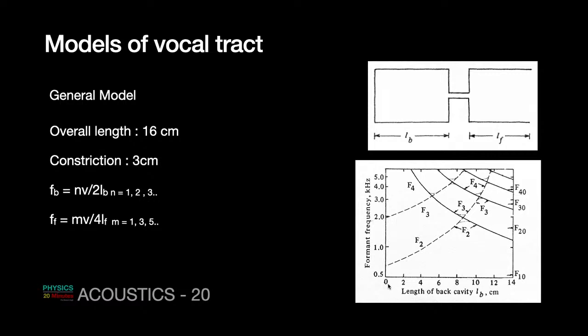In fact, if you plot a graph of the length of the back cavity against the formant frequencies, then typically this is how the graph will look. Dotted line, the back, and the solid line is for the front cavity. And normally what will happen is you will go up till here, and then there is this small dotted line, so it's an overlap and it goes here. No longer remains as sharp as this.